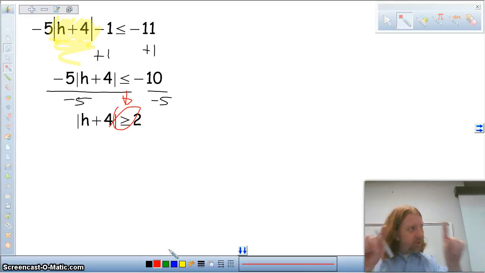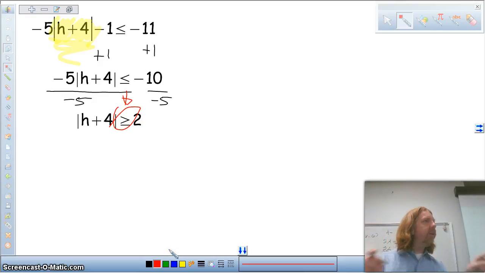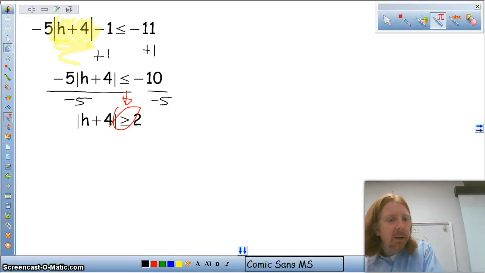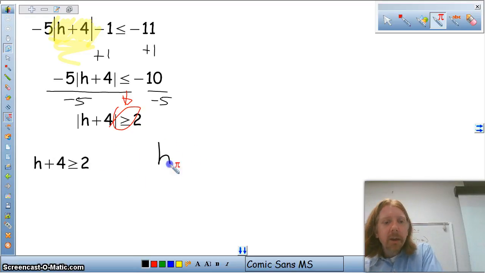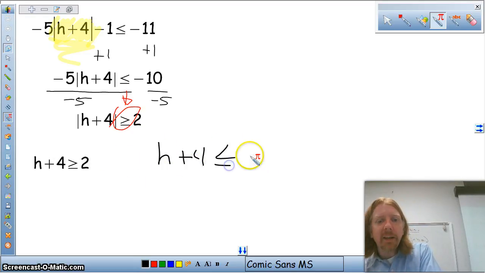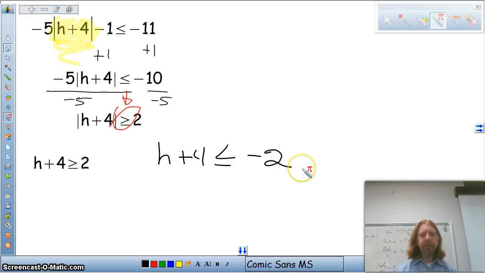Now I split my two cases off. Absolute values always involve multiple possibilities, one direction or the other. So I'm going to write h plus 4 is greater than or equal to 2, or h plus 4 is less than or equal to -2.